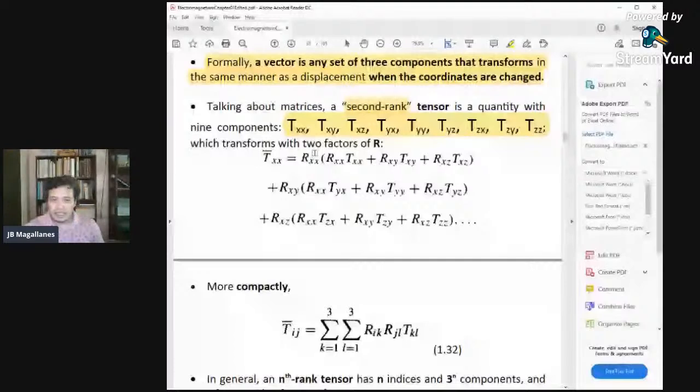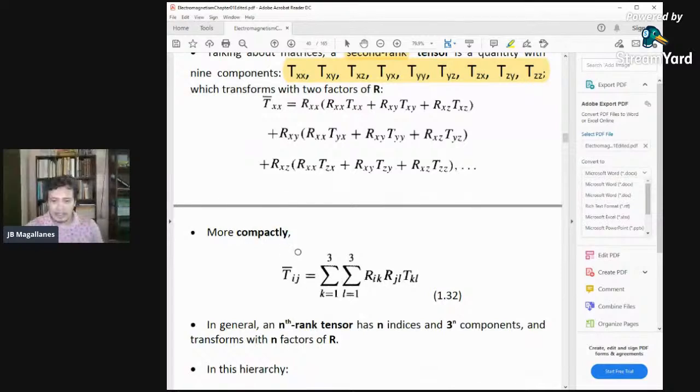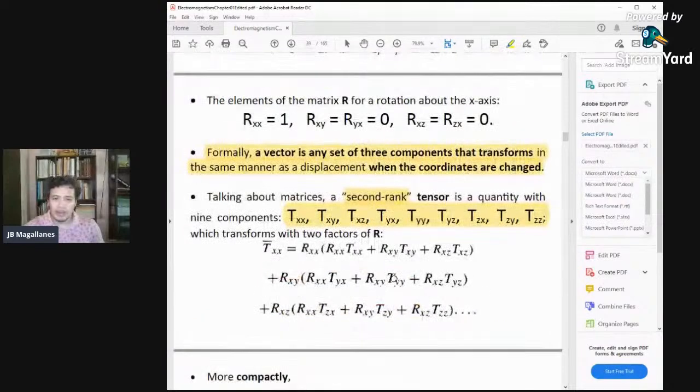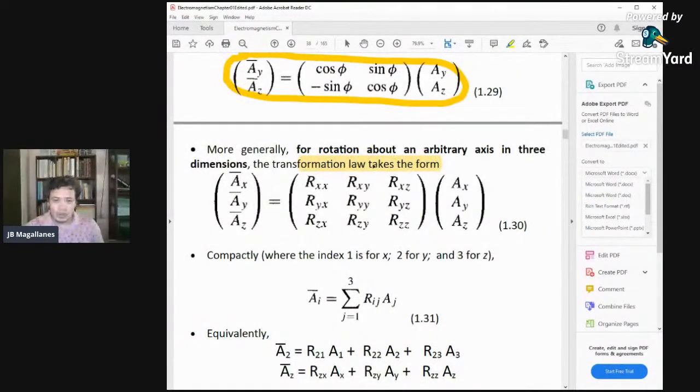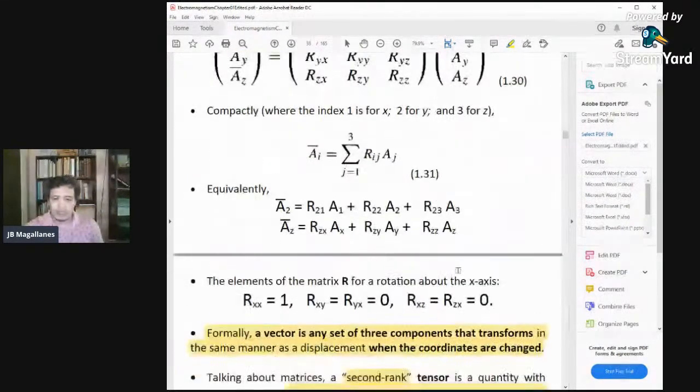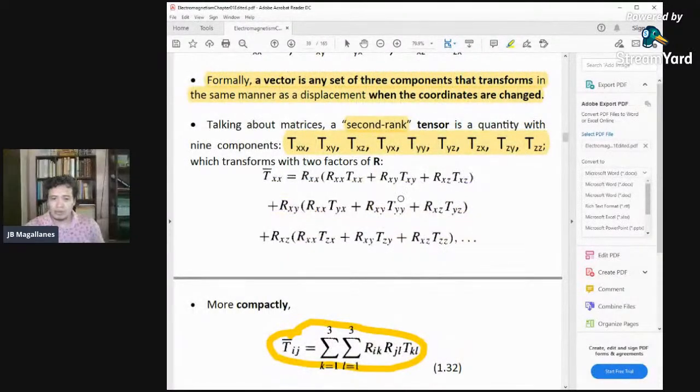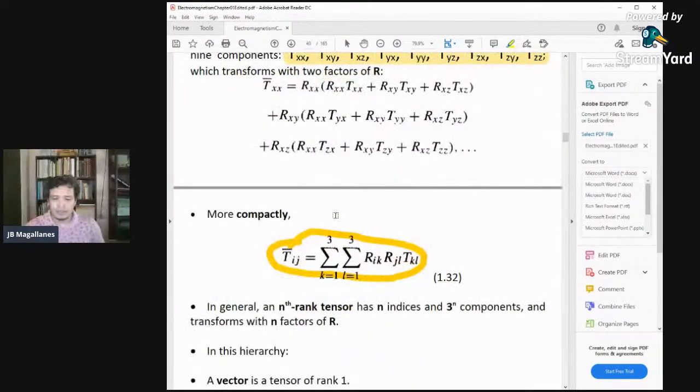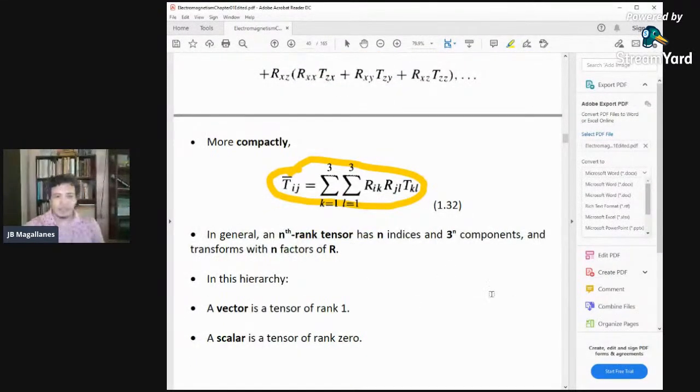For example, Txx can be written like this. Compactly, you can write it like this. But for now, don't worry about this. If you don't understand this, then it's fine, as long as you know how this works. We will work on this later on, maybe in the next semester.